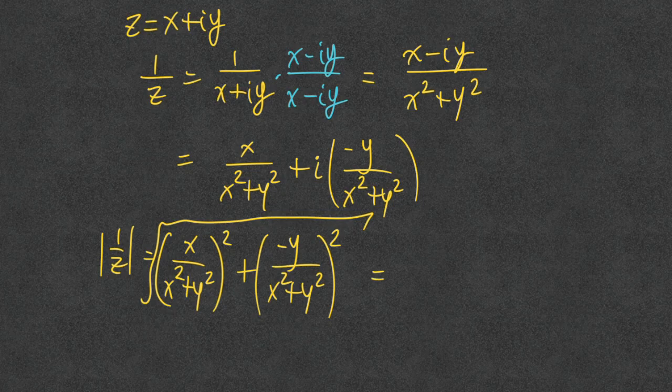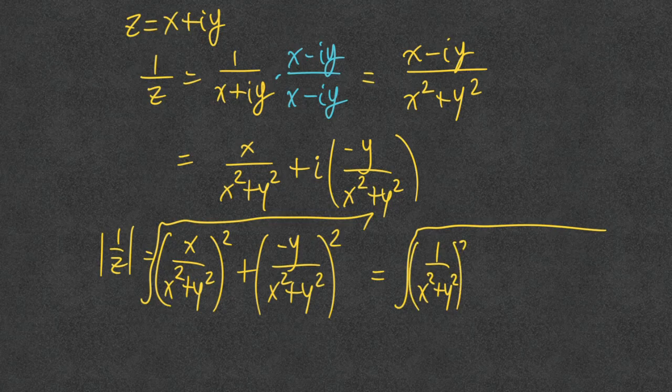Okay, and so the 1 over x squared plus y squared can essentially just come out. Really, of course, that's squared. And then in parentheses, we have an x squared plus y squared, right? Negative y squared, if it's in parentheses, is the same as a positive y squared, so we get that.